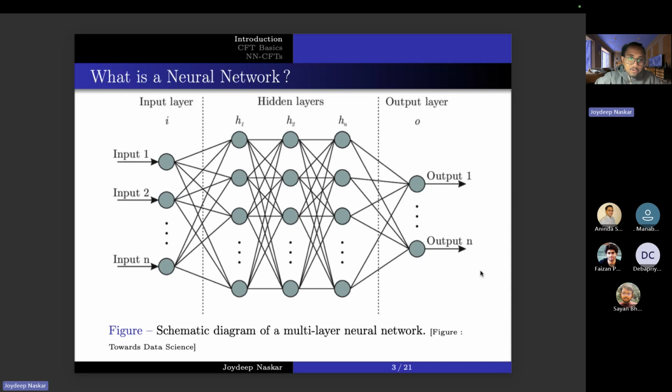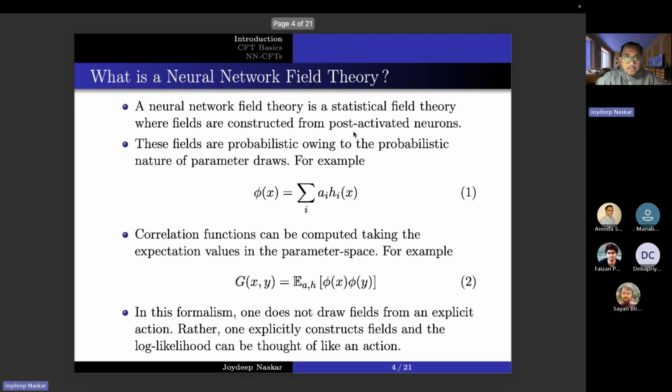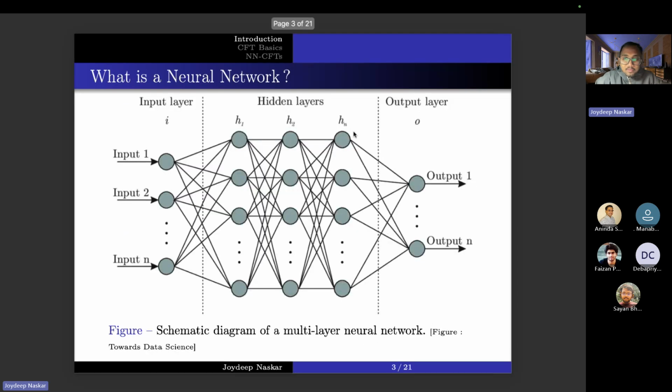In our case, however, we're going to send an input vector, and our output is one dimensional, so we will get an output scalar. And whatever weights you draw in these hidden layers, they are probabilistic, and as you train it, the weights get updated. However, in what we are going to do today, there is no training involved.